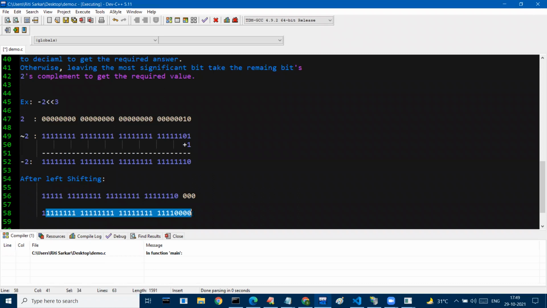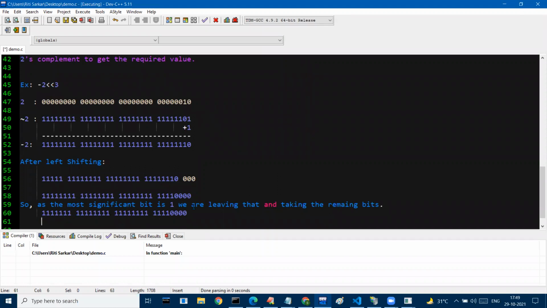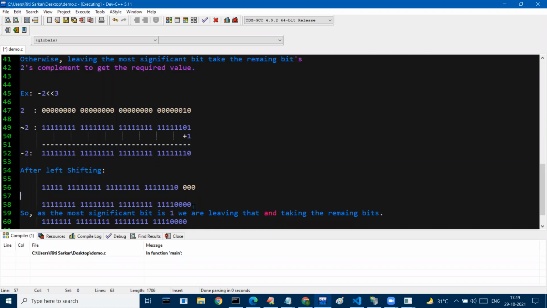This is the remaining bits, from here to here. Now after taking the remaining bits, identify their 2's complement.